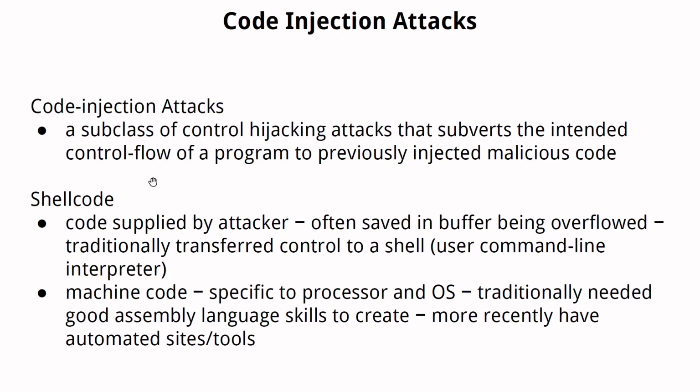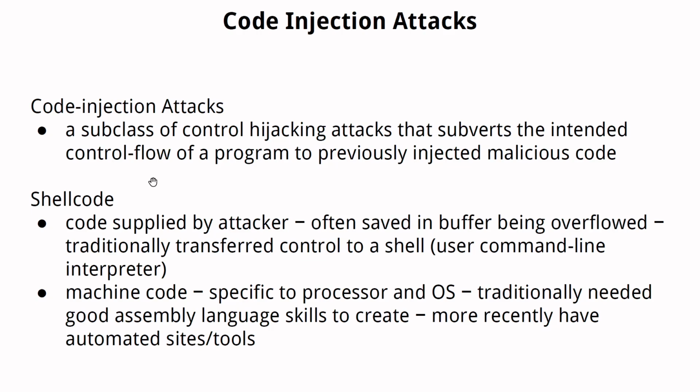So far, besides the return to libc attack, we are doing a very specific type of control flow attack. We call it code injection attack. It is a subclass of control flow hijacking, which subverts the intended control flow to previously injected malicious code.